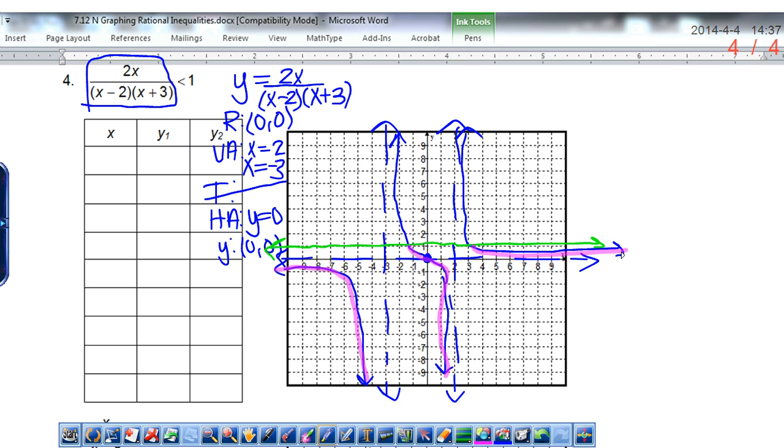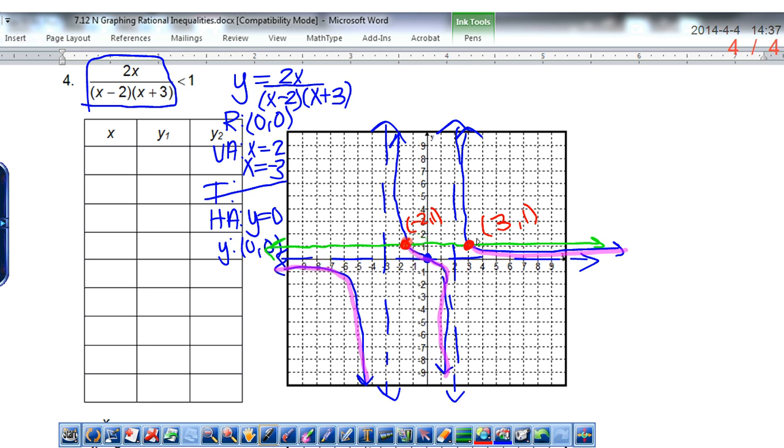Everyone okay with that? Okay, so for sake of time, because we're running a little short, I'm going to go ahead and tell you that this intersection point happens at the point -2, 1. And this intersection point happens at the point 3, 1.